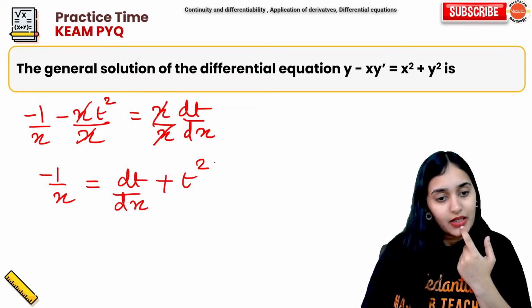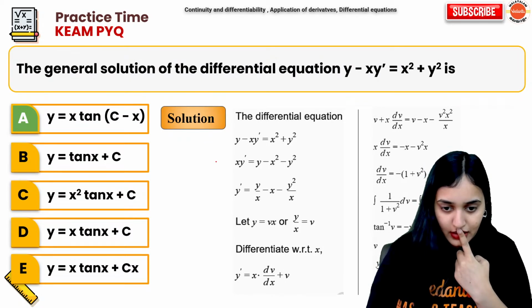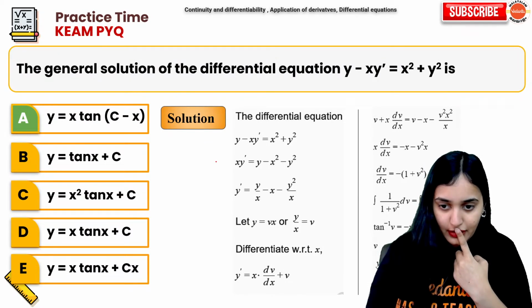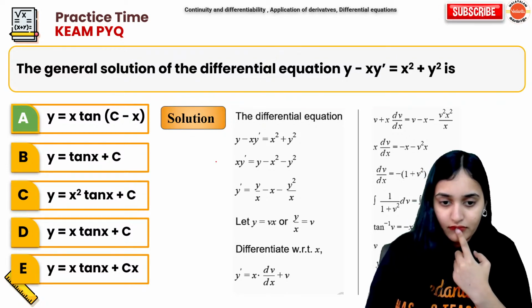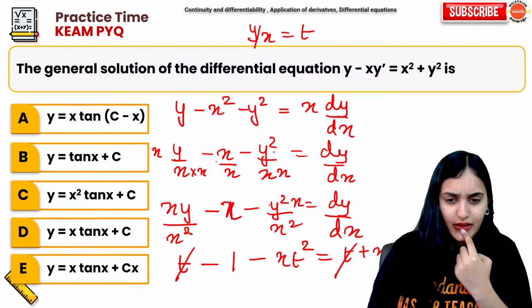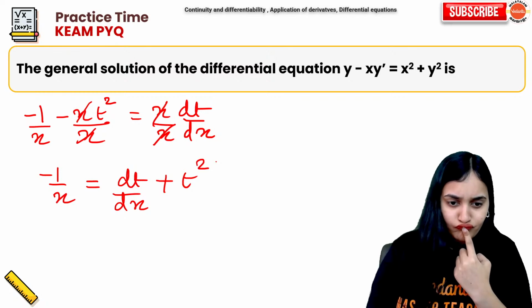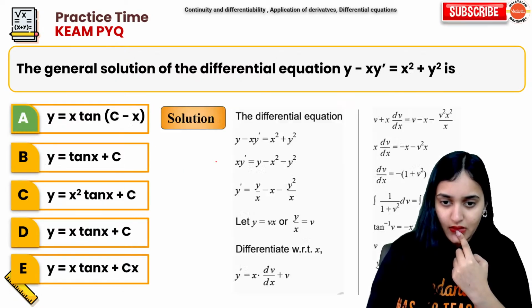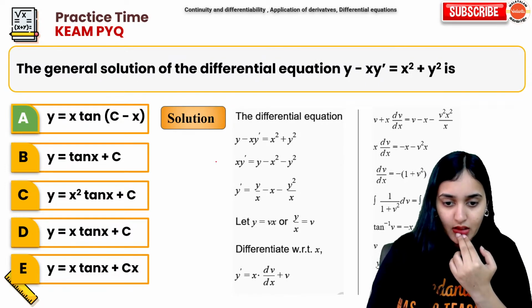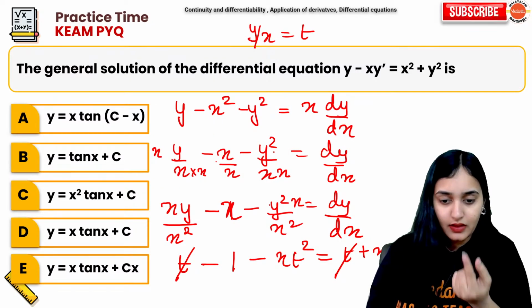Again, this will not be variable separable. Then what are they doing here? Let's see. Y dash is y by x minus y square by x minus x.